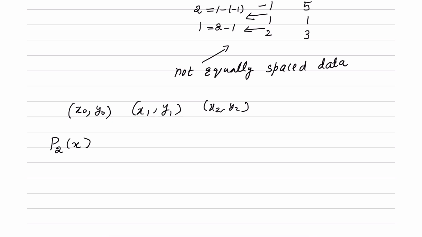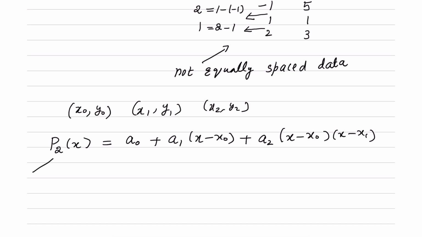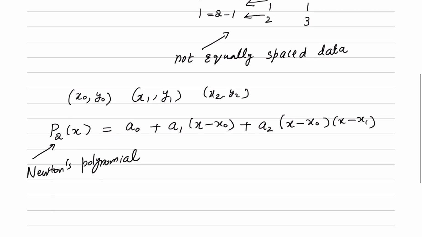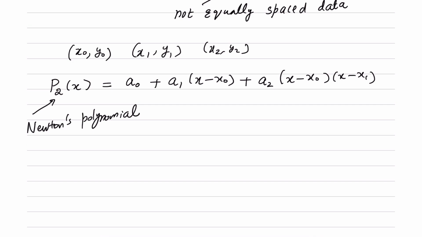For 3 points data, the maximum degree of the polynomial is 2, and Newton's polynomial involves a0 plus a1 into x minus x0, plus a2 into x minus x0 into x minus x1. This is Newton's polynomial. But since our data is not equally spaced, we are going to use the divided differences method. So we will now write this polynomial in divided difference operator notation.